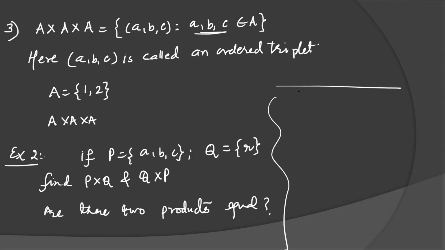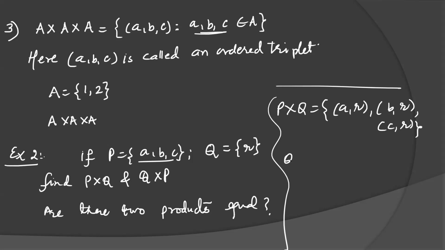Let's check. P cross Q is going to be (a, r), (b, r), (c, r). You can see that the cardinality of set P is 3 and the cardinality of set Q is 1, so in the product there will be 3 into 1, 3 elements. If you find Q cross P, it will be (r, a), (r, b), (r, c). So this is not necessarily equal because the location of a and r can differ here.